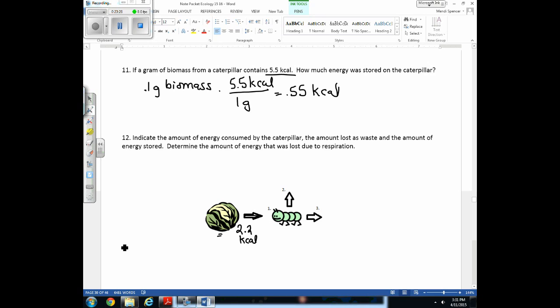So we know there's 3 fates of energy that is consumed. Out of this 2.2 kilocalories that was consumed by the caterpillar, some's going to be stored, some is going to be released as waste, and then some is going to be used by the caterpillar. We just determined that there was 0.95 kilocalories released as waste.